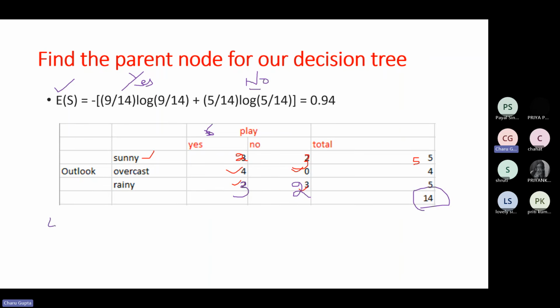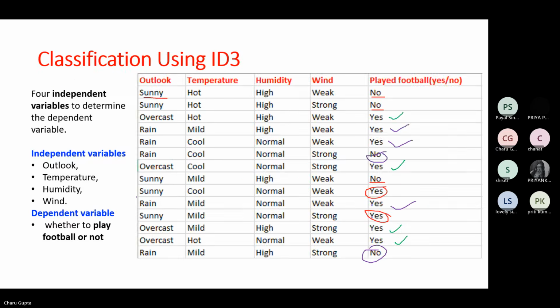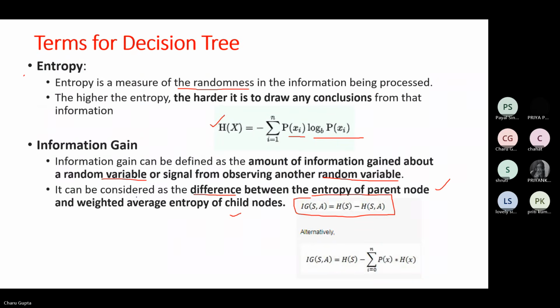So what was the formula for entropy? हमारे पास दो वेरिएबल्स हैं, we will be finding out probability and log of it, ठीक है, and then we'll sum it up. कैसे करेंगे हम इसको?